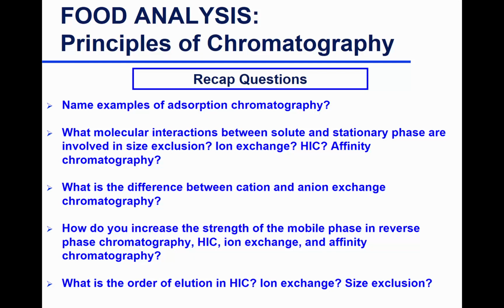Alex? You can change the pH in either direction depending on whether it's anion or cation. What else can you do? You can add something to your mobile phase. Add salt. So the salt will block charged groups on your stationary phase, then it will change the selectivity. It will prevent your solutes from interacting with your stationary phase.